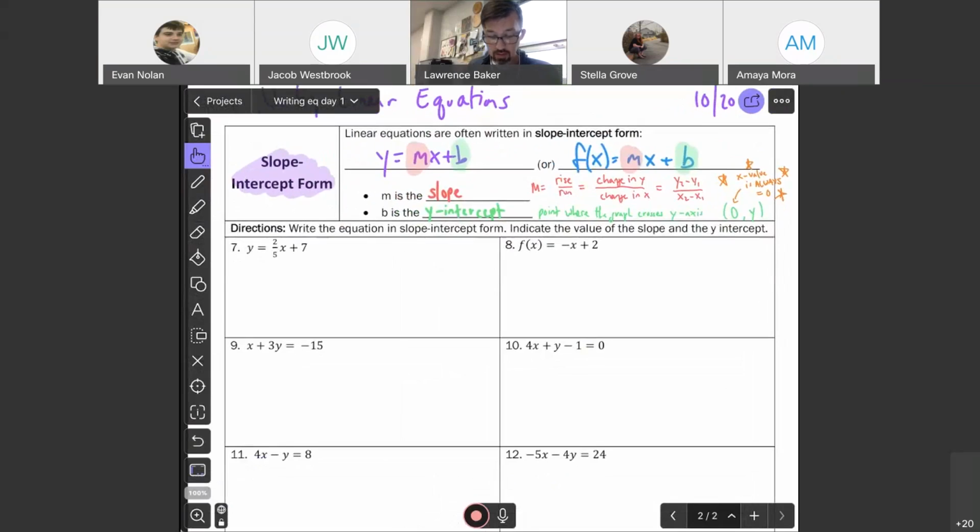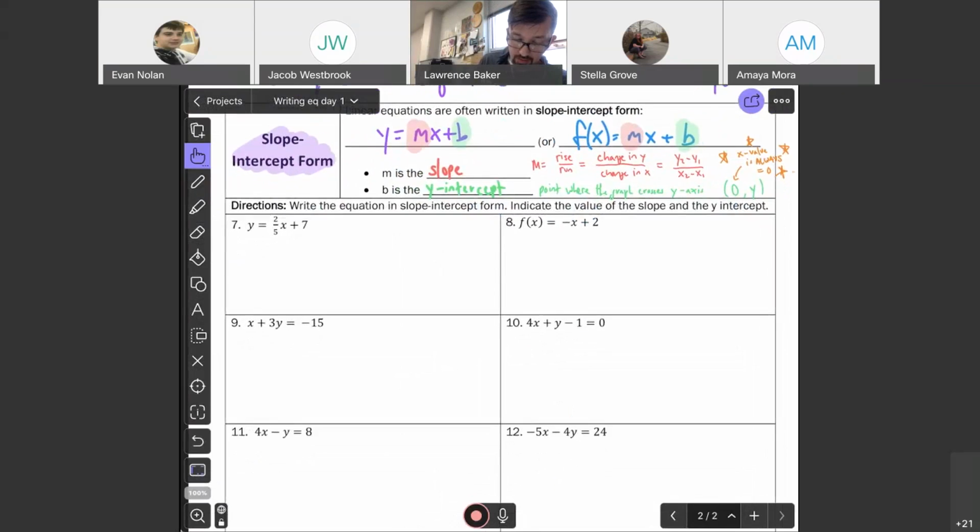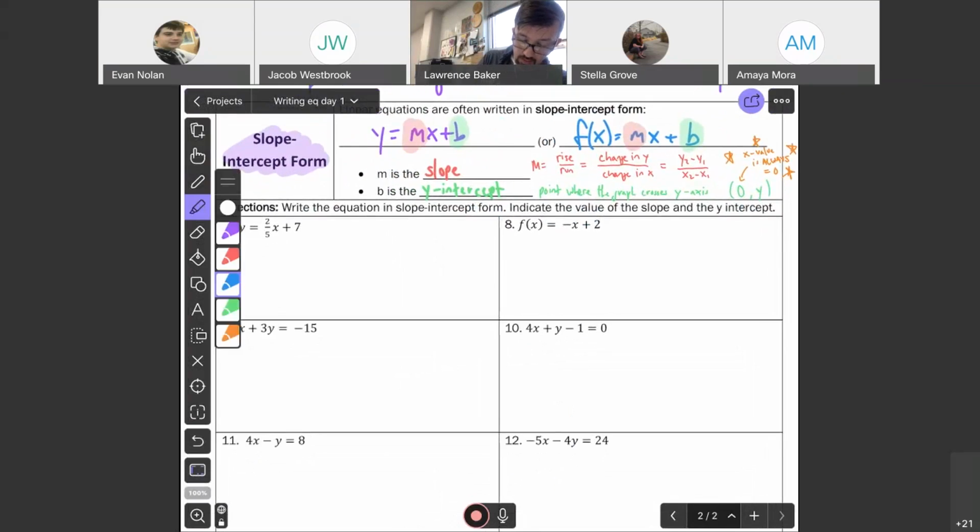So what we're being asked to do here is write the equation in slope-intercept form, then indicate the value of the slope and y-intercept. We're just going to go through a couple of these. We won't do all of them. It's going to start off pretty basic. Let's look at this first one.